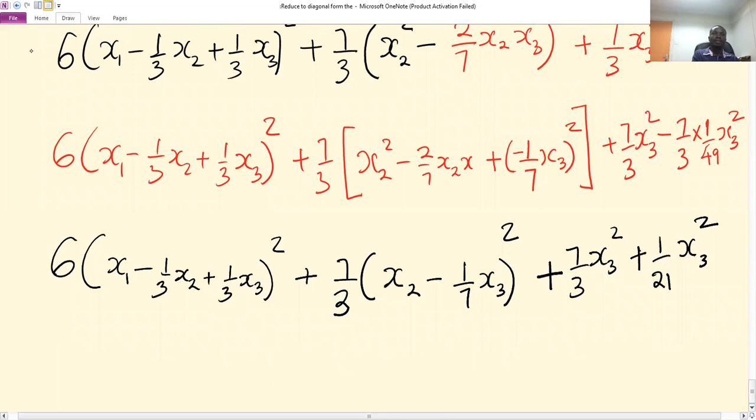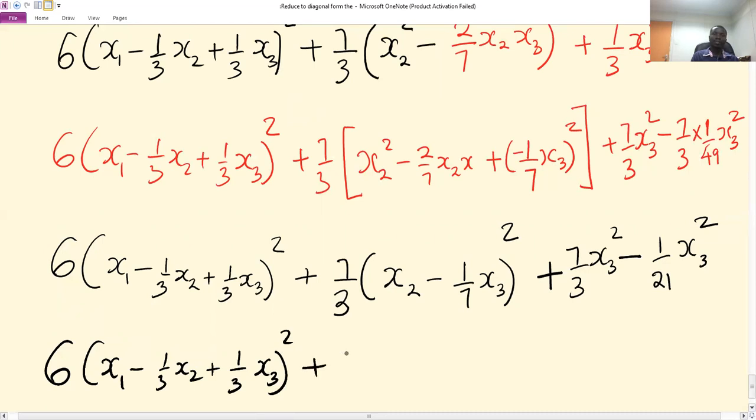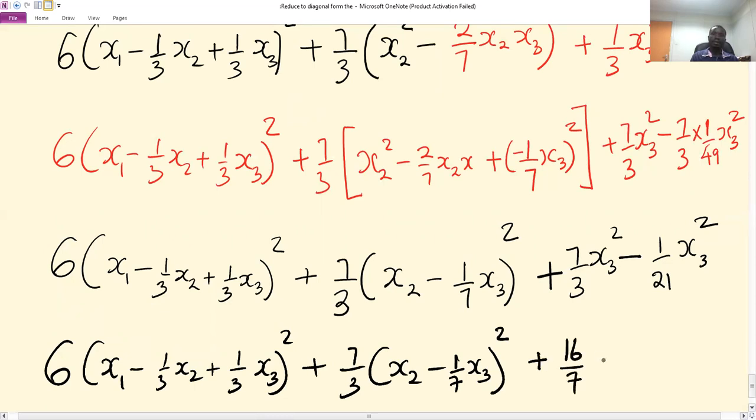So 7/3 minus 1/21 gives us 16/7. So plus 7/3 into x2 minus 1/7 x3 squared plus 16/7 x3 squared.